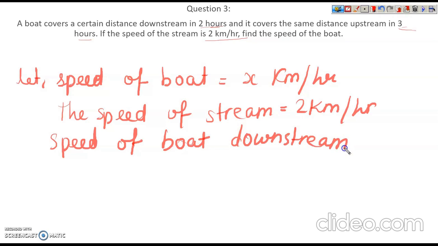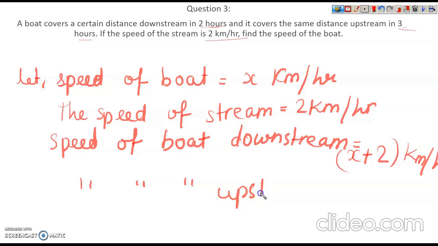Here in the question, it says that a boat covers a certain distance downstream in 2 hours. That means x plus 2. Remember, when it says downstream, that means plus 2 kilometer per hour. Then I will write speed of boat upstream is x minus 2 kilometer per hour, because it covers the same distance. It's saying same distance. So I did this.